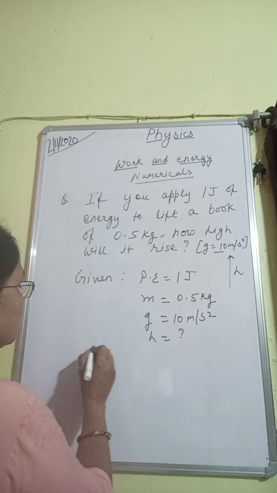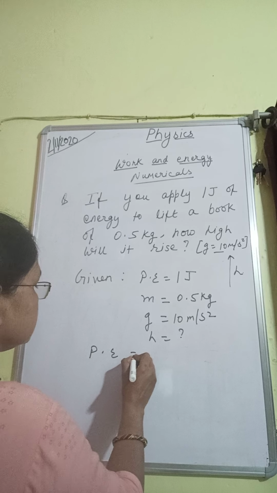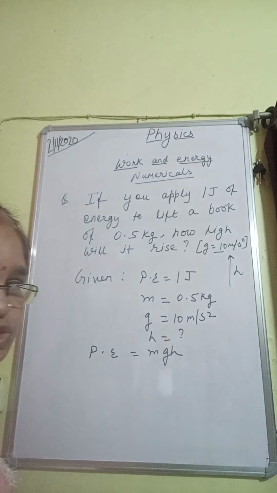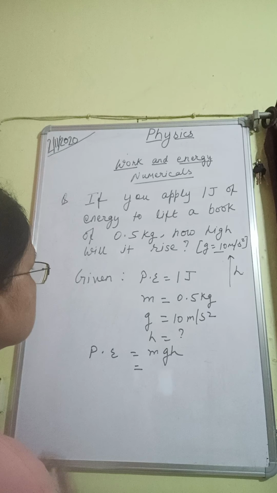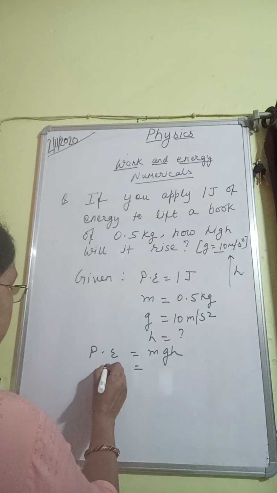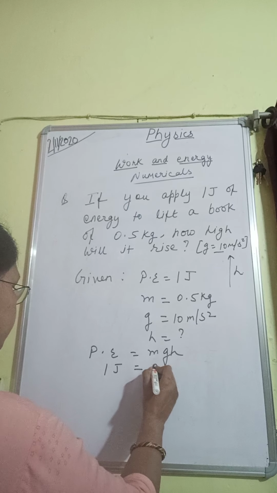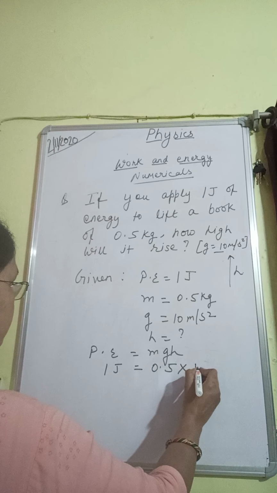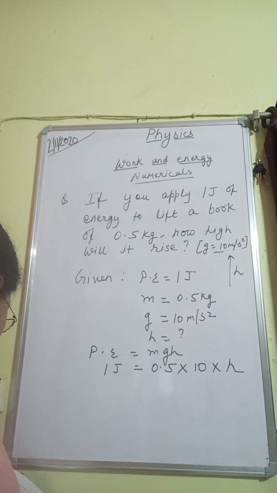Here, we know potential energy is equal to mgh. Put the values. Potential energy is 1 joule. Mass is 0.5 kg. Value of g is given 10 and height we have to find out.